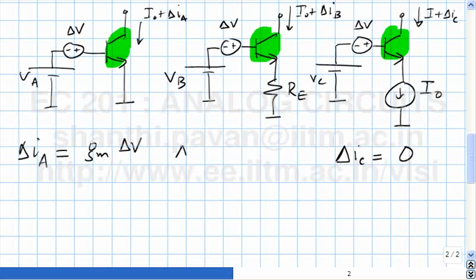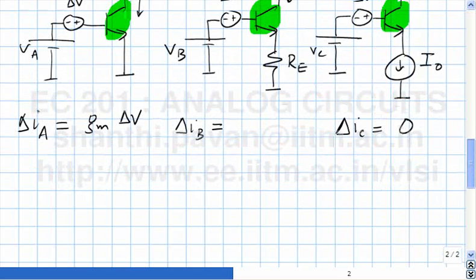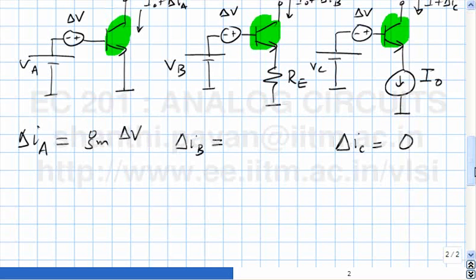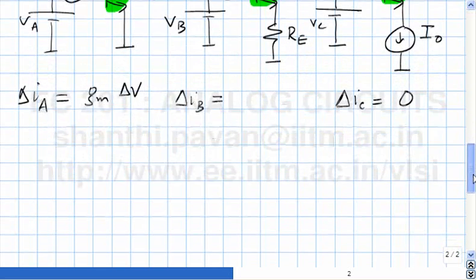What about delta IB now? What happens? When you don't know what happens, what do you do? You replace the transistor by its incremental equivalent. What is the incremental equivalent circuit?